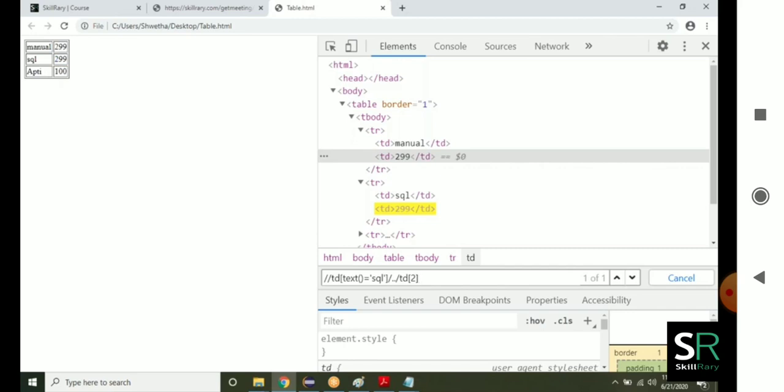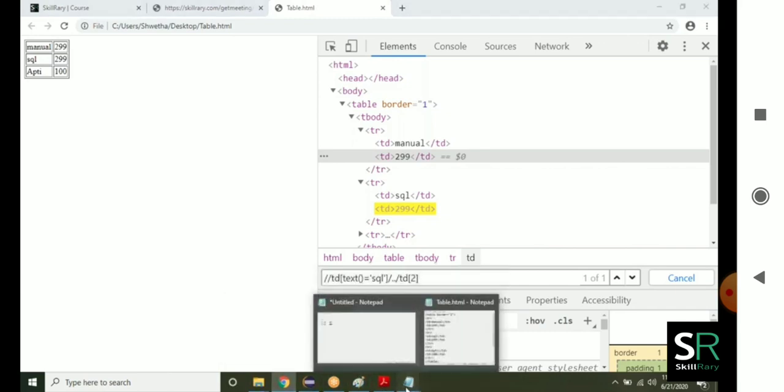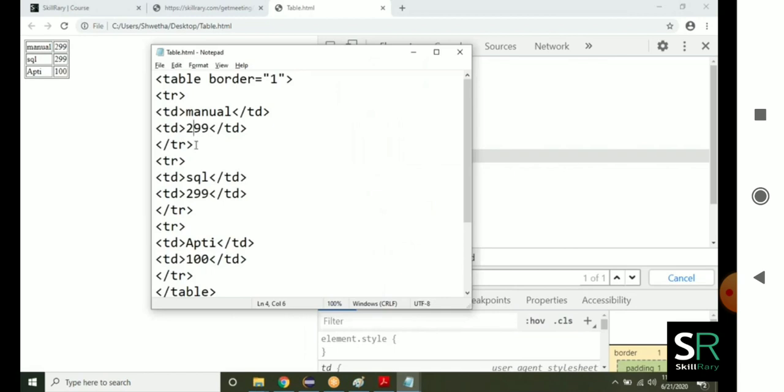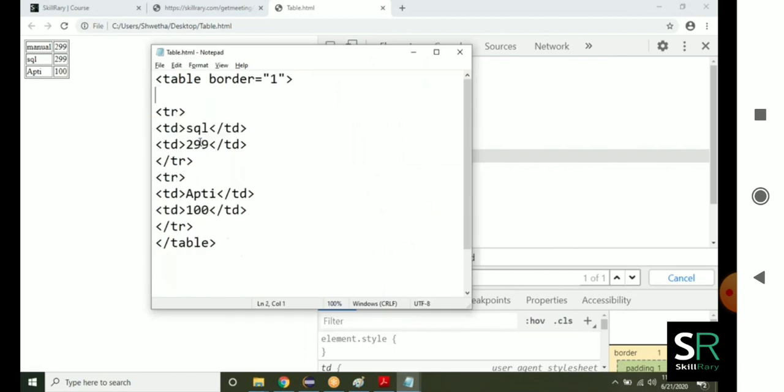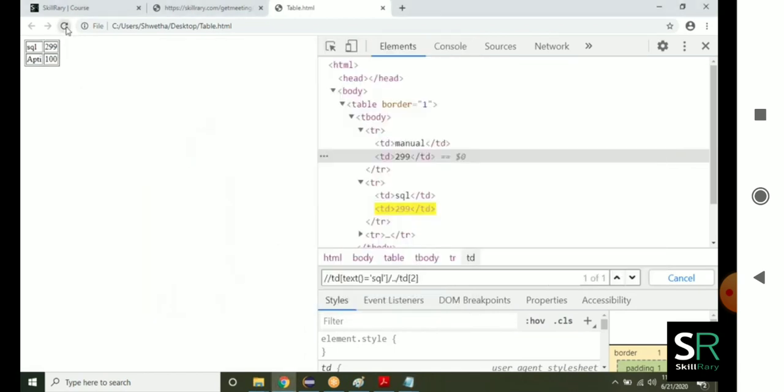We'll see whether, if I remove this manual book, it is still going to work. We'll check it out. Let me remove this, one second. Let me remove this manual book and save it. Here, come back, refresh. Now the manual book is removed. Check it out. The XPath is working.